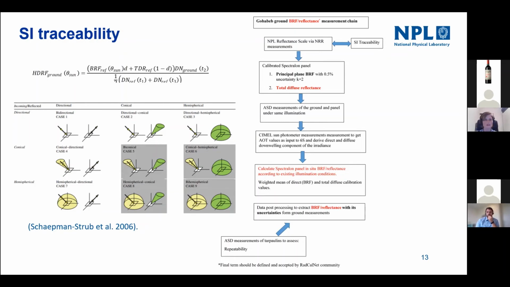So this is the example of various different illumination and viewing conditions for reflectance measurements. The simplest one is bidirectional, when we have directional illumination and directional viewing, which is very much what we try to achieve in the laboratory conditions, but it's definitely not what is happening when we take instruments outside and when we measure.